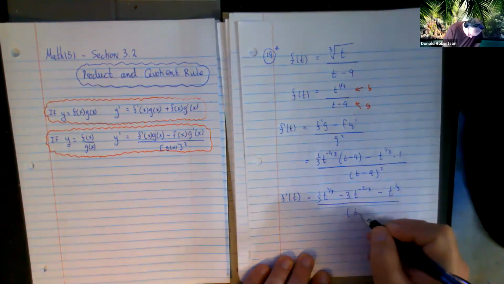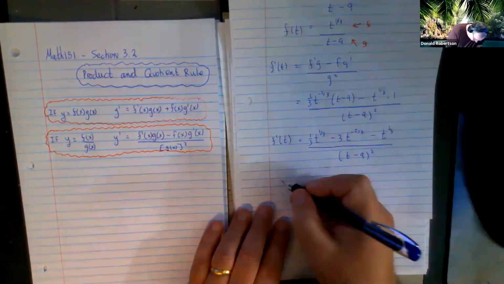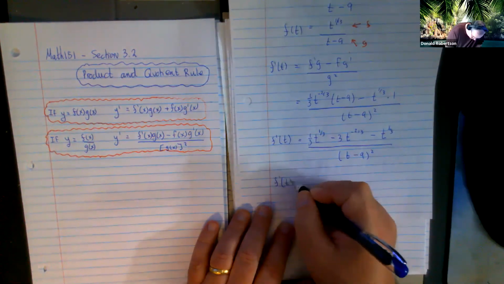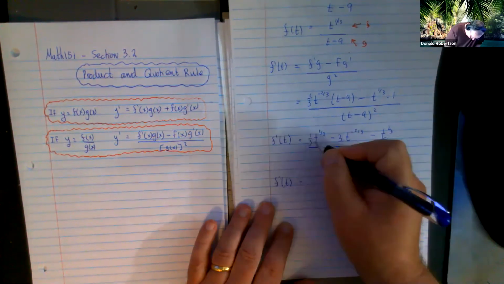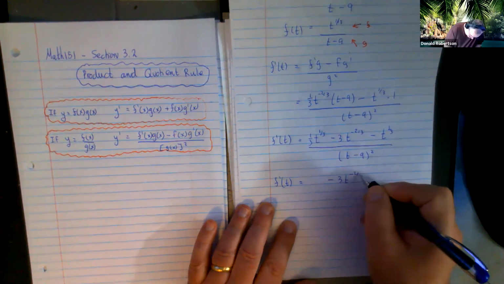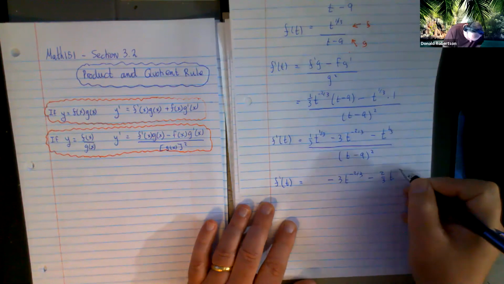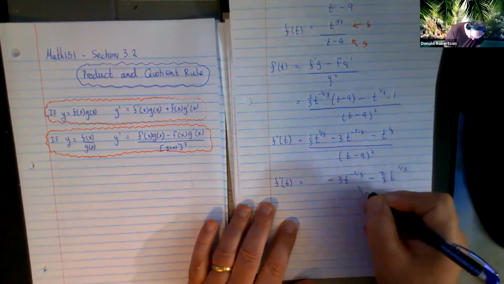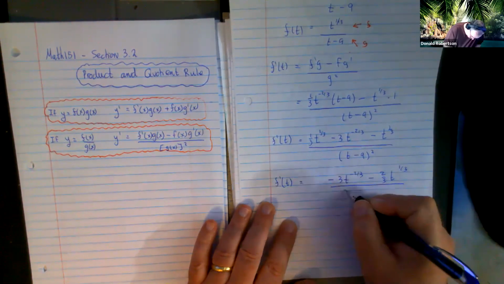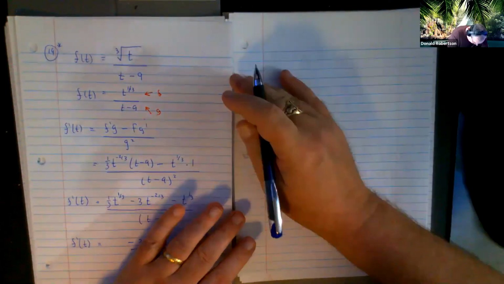All over t minus 9 squared. These two combine. So what I've now got is this fella take away this fella. I'm just rewriting this guy again at the top here.